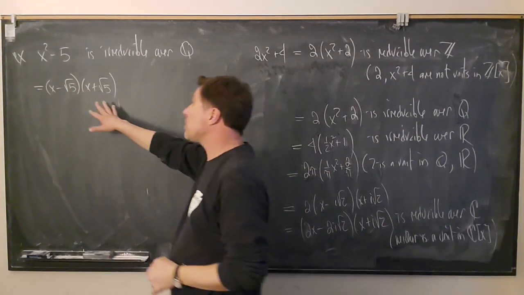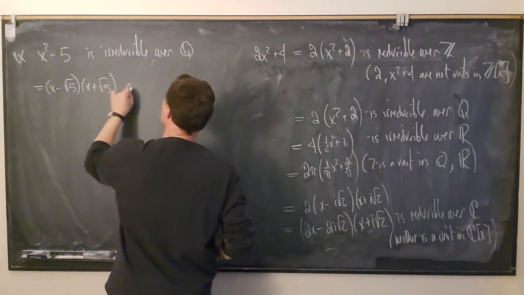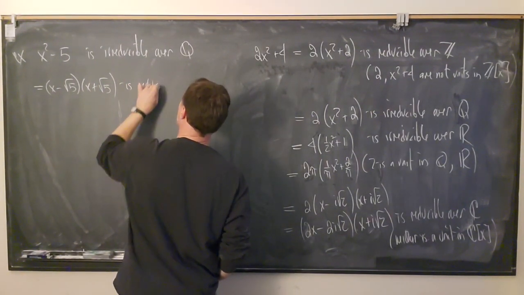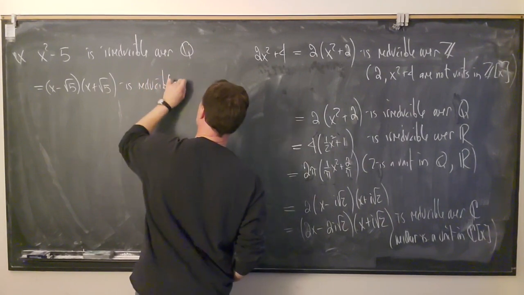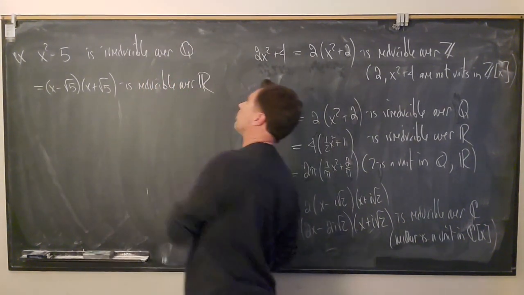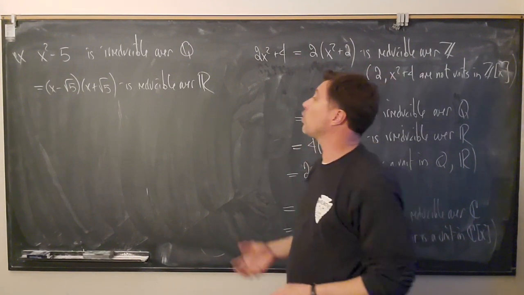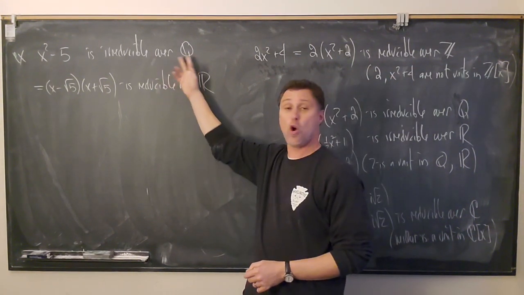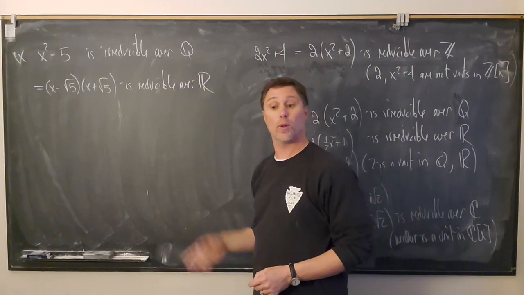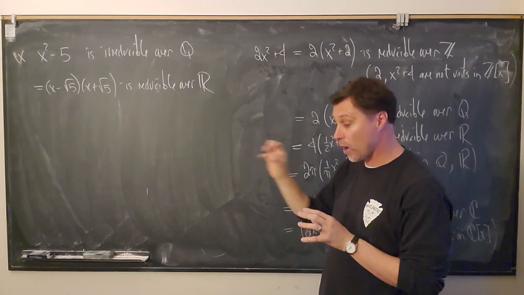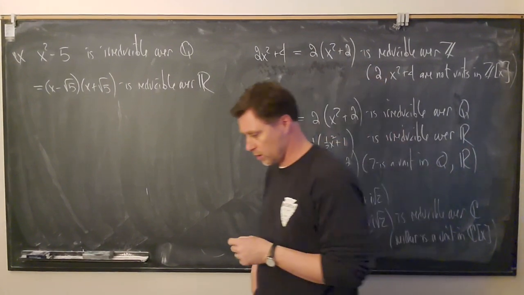That's reducible over R. So hopefully it's making sense why we have the term irreducible over D, reducible over D. It depends on where you're viewing these coefficients. It's going to make a difference.